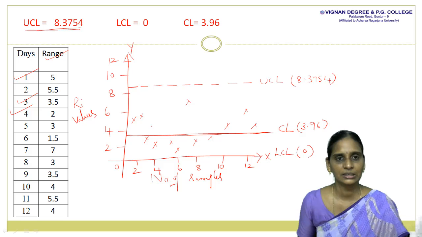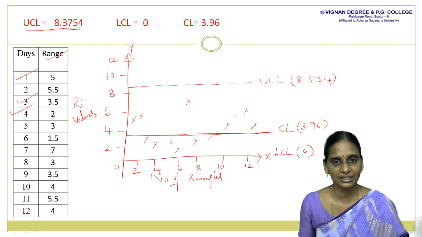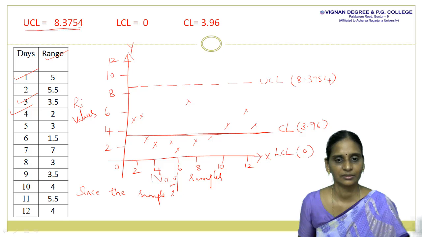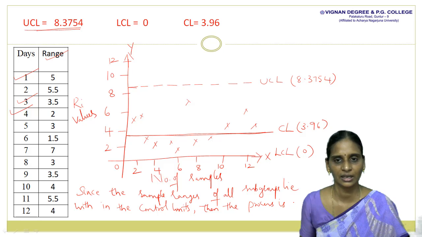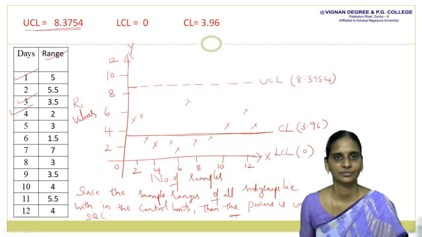Since the sample points, that is the range values of all subgroups, lie within the control limits, the process is under statistical quality control. So this is the problem. Thank you.